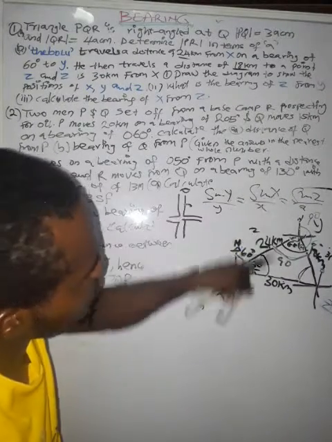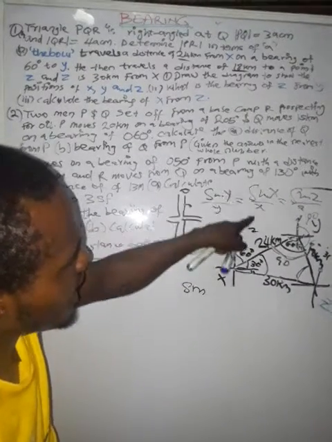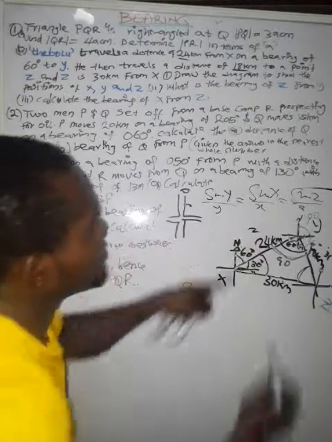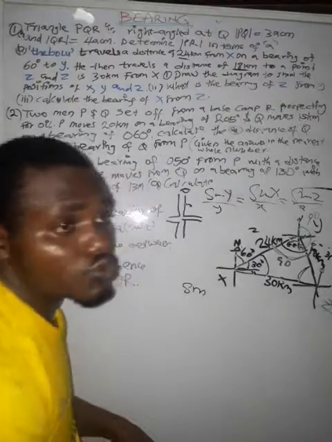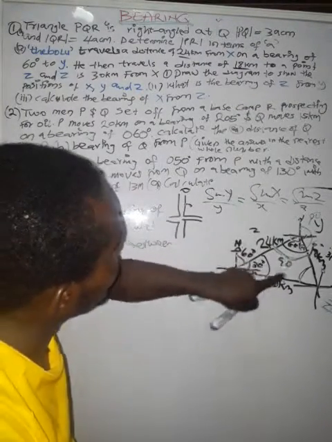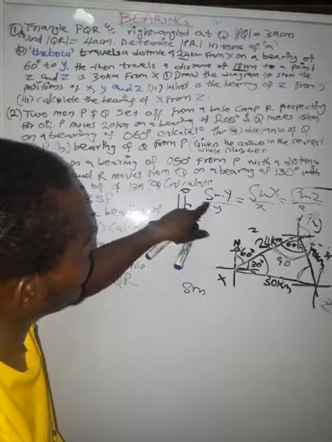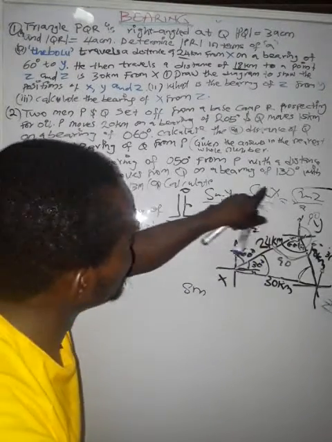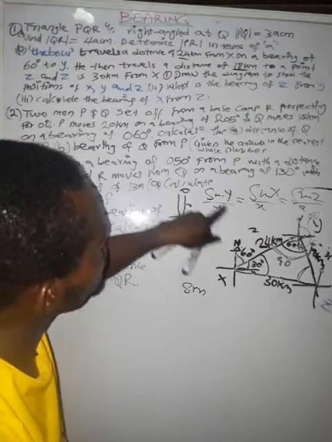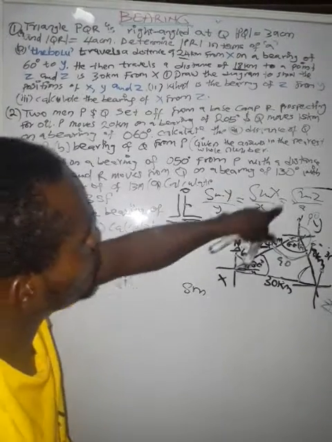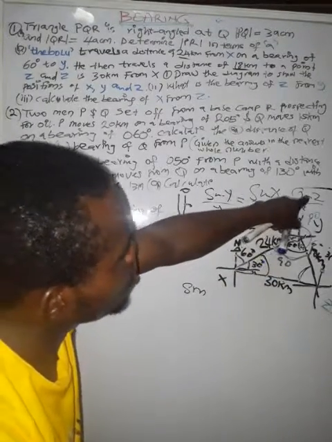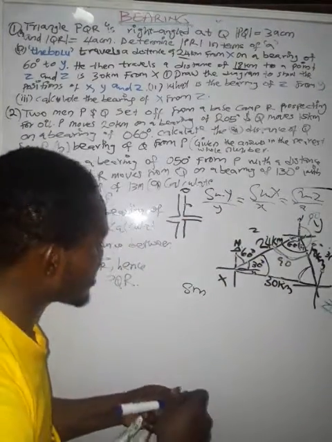We don't know angle x, so if I use this and this, it becomes two unknowns, so I cannot use that. I know angle y and I also know side y, so I can use the complete one with the half completed one. My point now is to know angle z.